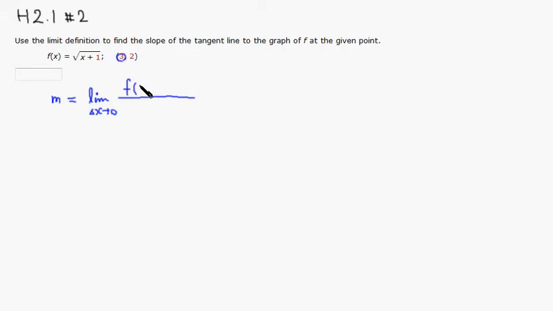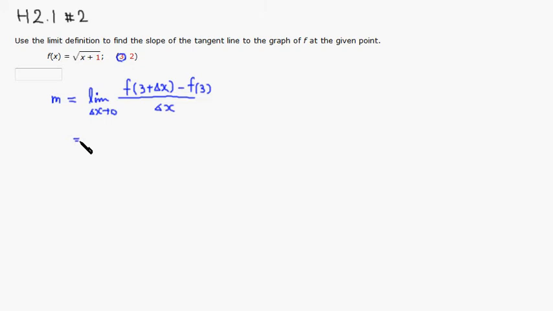So f of 3 plus delta x, minus f of 3, right? And all over delta x. Right, so let's compute that.